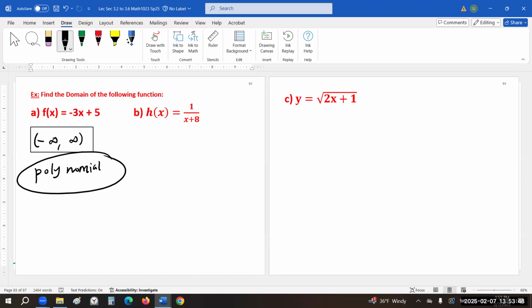What type of function is the second one? The type, the name, rational. So this is rational. Rational means they have a denominator. So what type of problem do we face when you have a denominator?